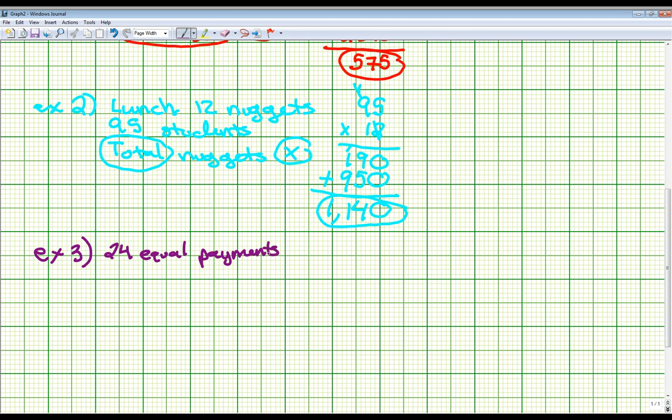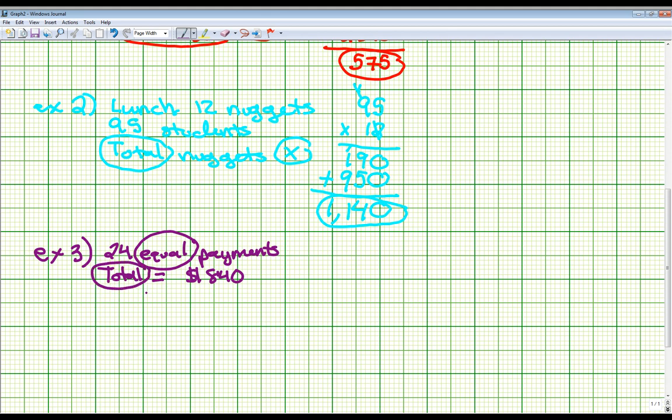Now this word is important right here, equal. That means each of our equal payments is going to be exactly the same amount. So equal payments gives us a hint of division. Next thing they give us is that the total money that we pay is $840. So again, we see this important word total.